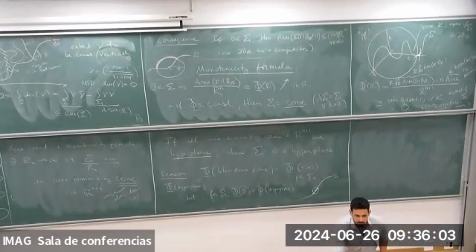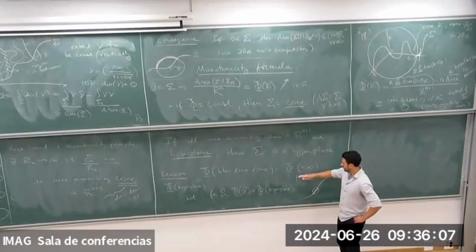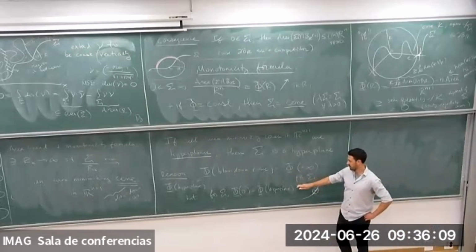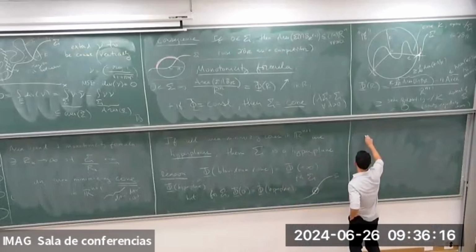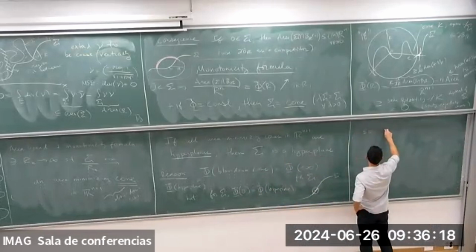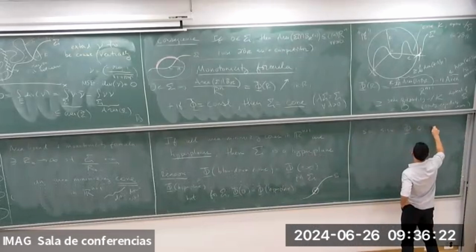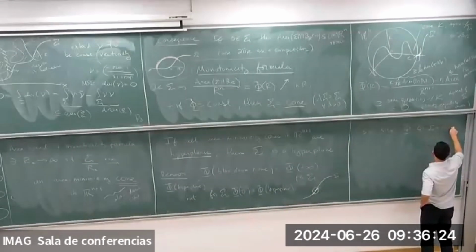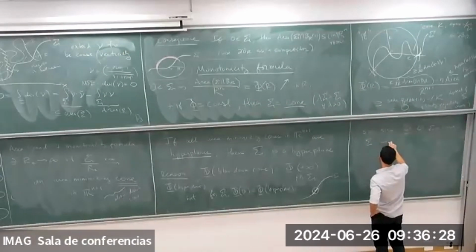Okay, but now we're done by the monotonicity formula, right? Because that means that phi of plus infinity for sigma is the same thing as phi at 0. So phi of sigma is constant, which means that sigma was a cone to begin with.